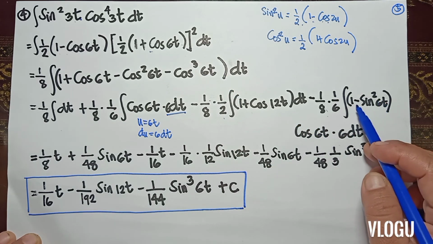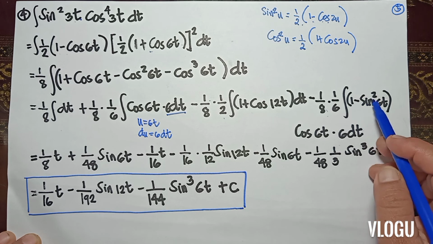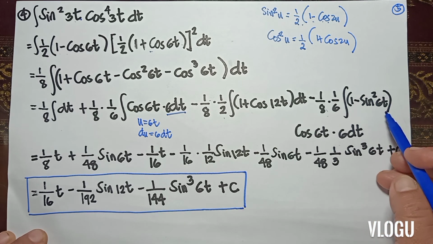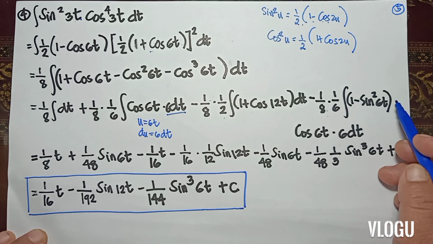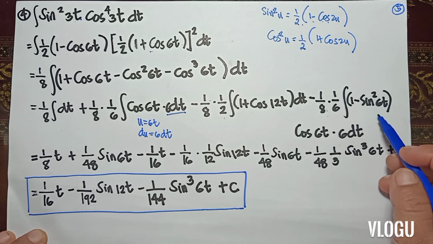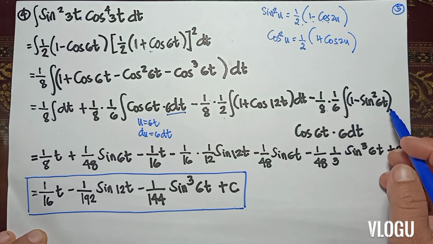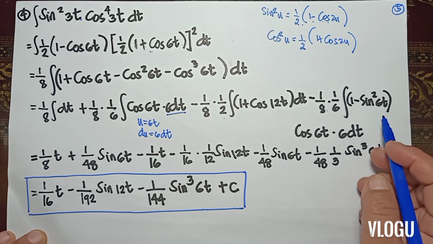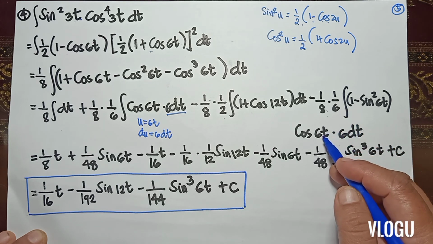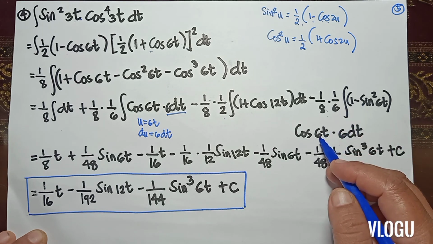Then transform cosine squared to 1 minus sine squared 6t. Then our du here, if we multiply cosine inside, our u is 6t.